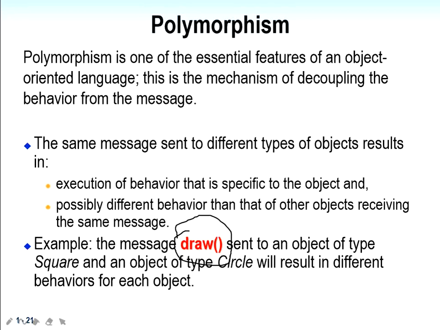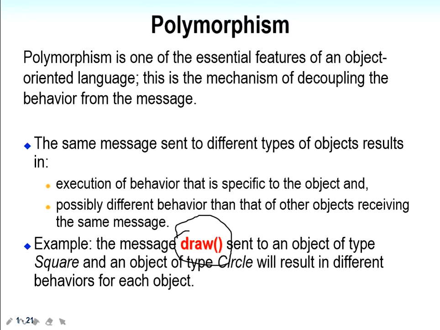I can use this draw instance method to draw a circle, to draw a square, to draw a map, to draw a nose, to draw a human being, to draw a dog also.